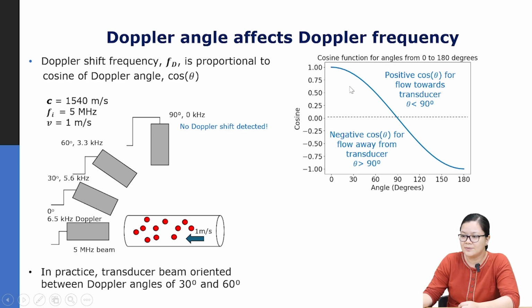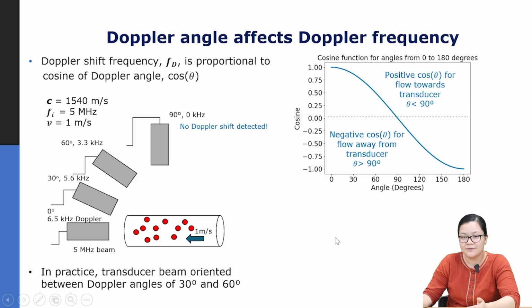On the right, we talked about how the cosine function changes depending on the angle. Typically, if you have angles that are less than 90 degrees, you'll get a positive cosine theta, where the flow is towards the transducer.